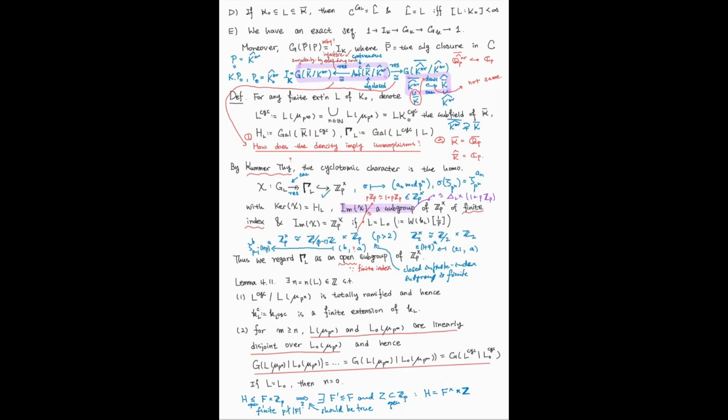And now on the right hand side, this is also the case that this field here is naturally a subfield in here. Because it's algebraically closed, it does contain the completion of the maximal unramified extension.